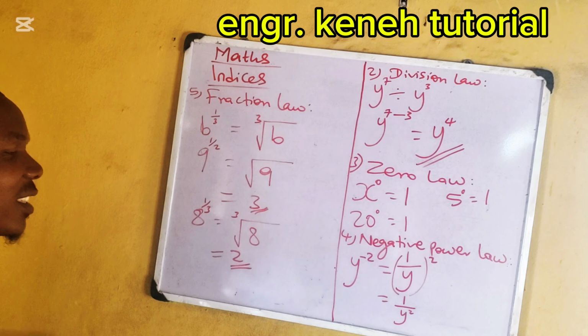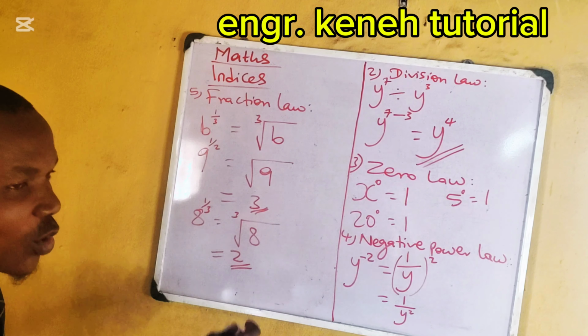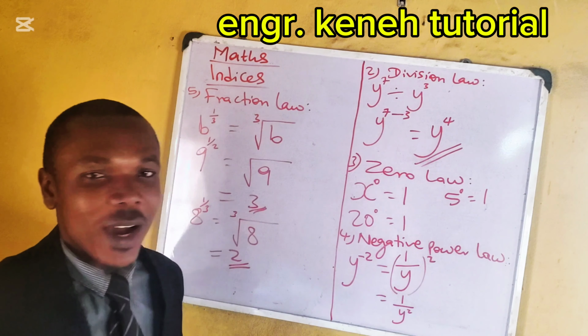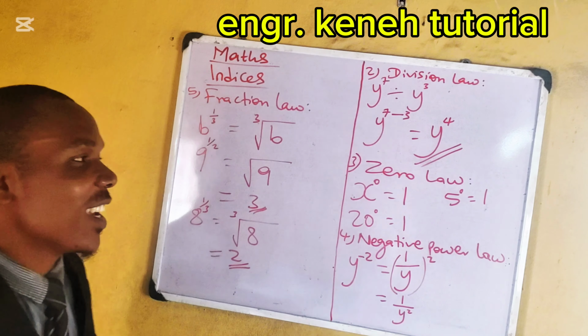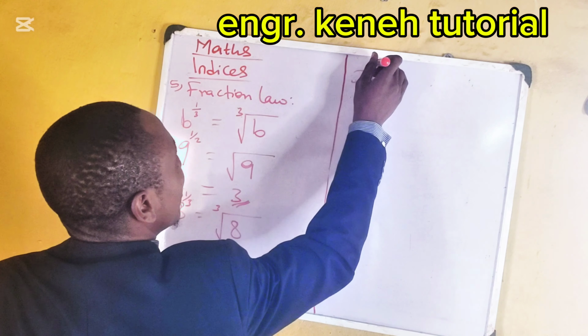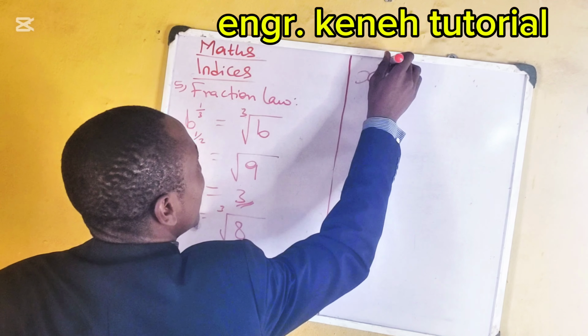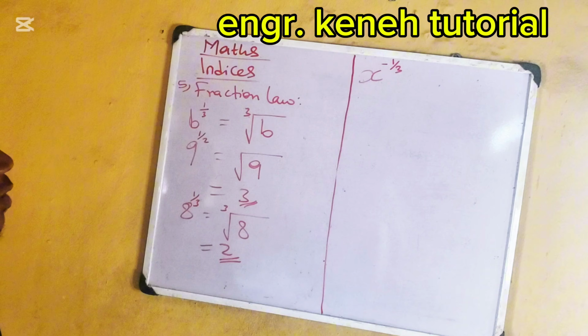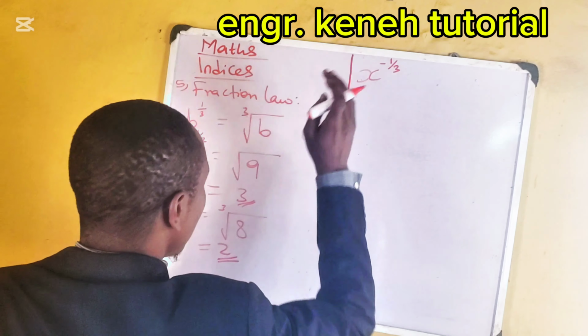Sometimes this fraction can also be negative. Let me show you what you are going to do, assuming that this fraction power is negative. It is not difficult. What if you have something like this? Maybe you have minus, you have 1 over 3 like this. Can you see that? As you can see, the power here is fraction, but it's negative fraction.